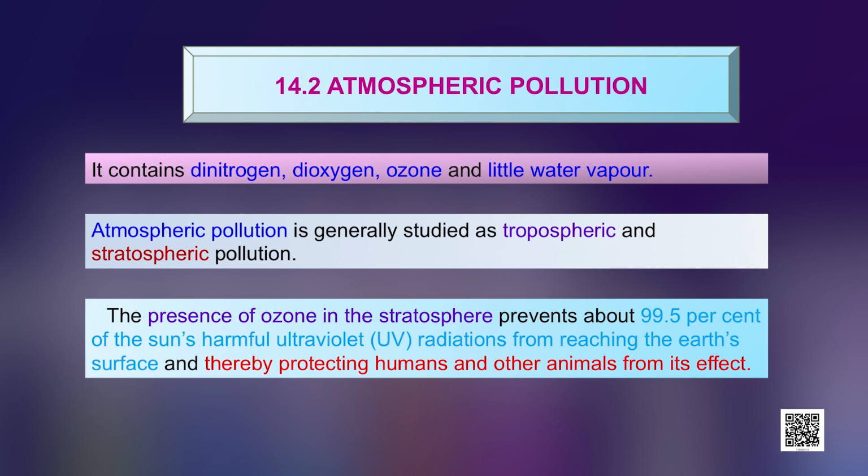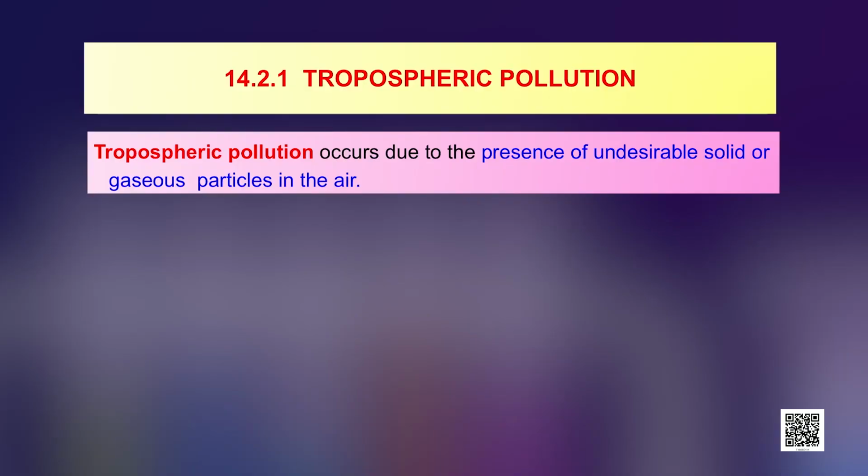from its effects. In this session, we will be discussing about tropospheric pollution arising from gaseous air pollutants, while tropospheric pollution due to particulate matter will be dealt in the next session. The tropospheric pollution occurs due to the presence of undesirable solid or gaseous particles in the air.